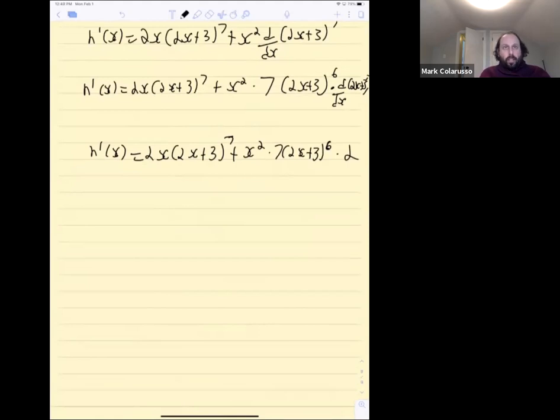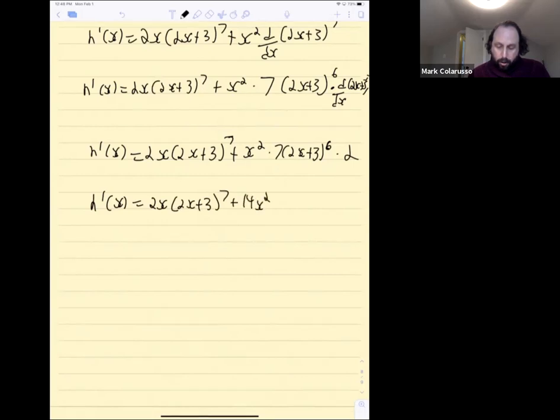And now you can simplify this a bit. You can do some nice common factoring here. So h prime at x is 2x times 2x plus 3 to the 7, plus 14x squared times 2x plus 3 to the 6.